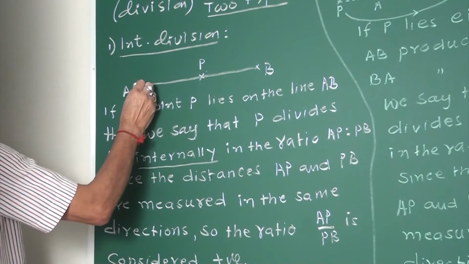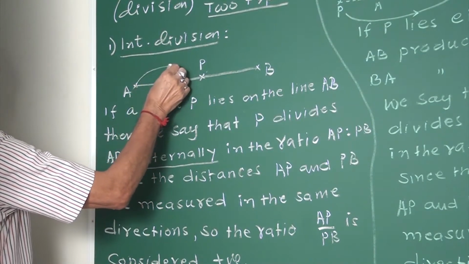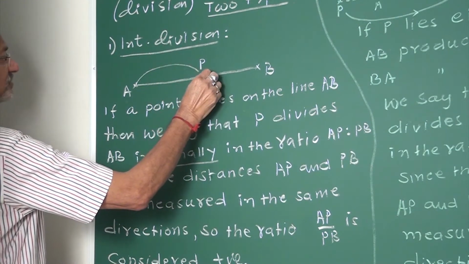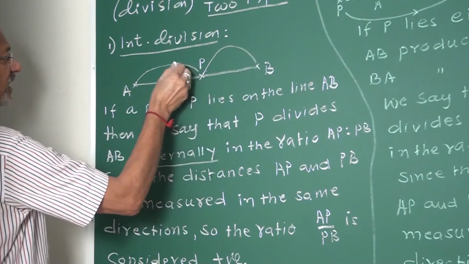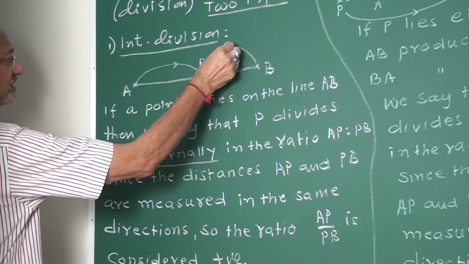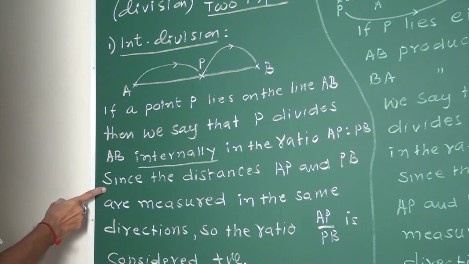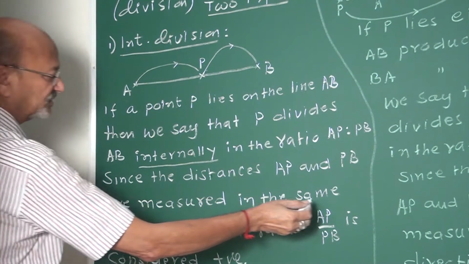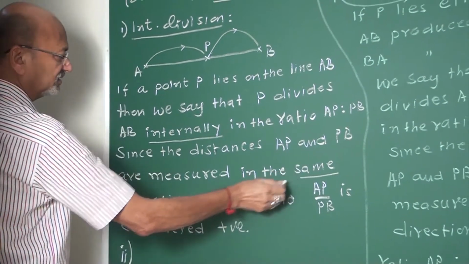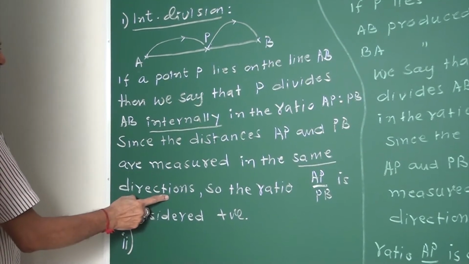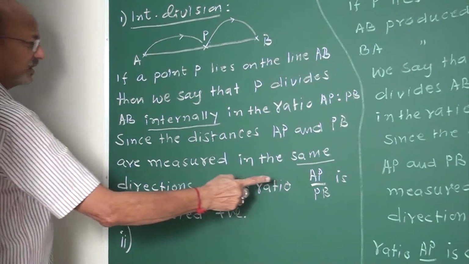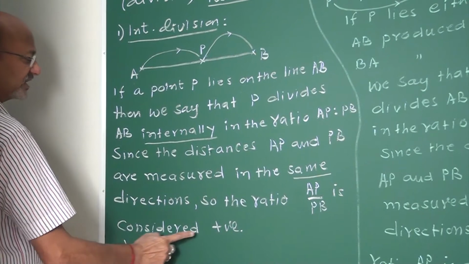See the directions, my friend. Distance AP and distance PB are in the same direction. Since the distances AP and PB are measured in the same direction, the ratio AP upon PB is considered positive.